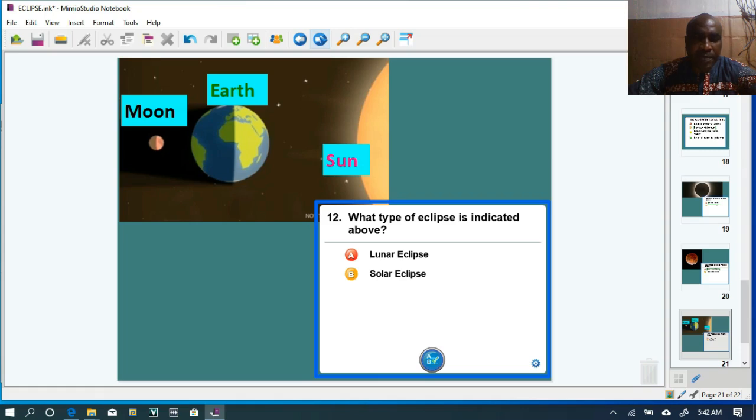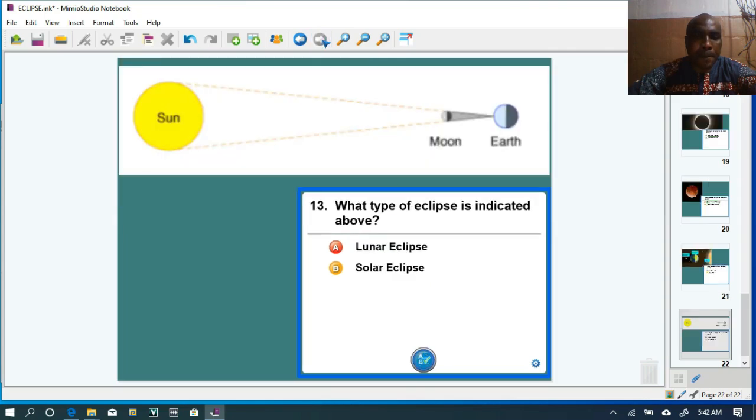What type of eclipse is indicated by the diagram above? The correct option is option A, lunar eclipse. Question number 13. What type of eclipse is indicated above? The correct option is solar eclipse.